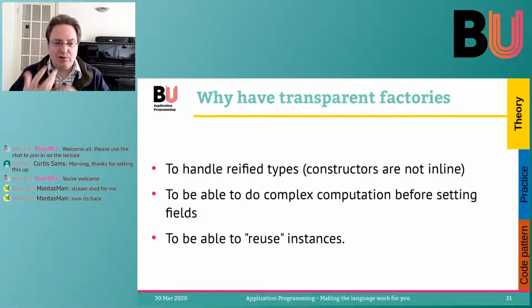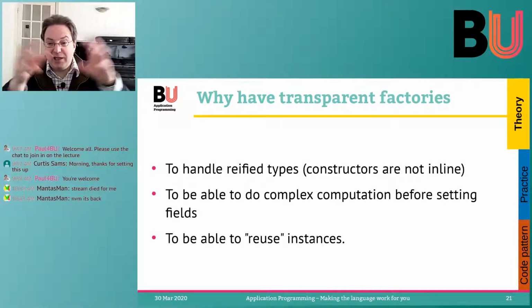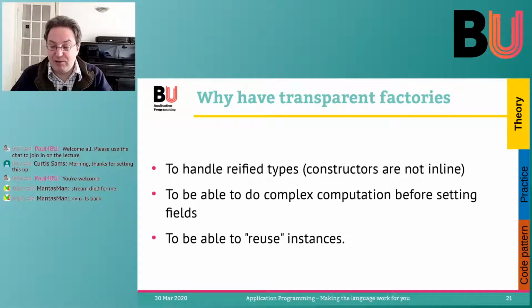So if you want to get these field values, you might want to have a way of creating an instance of that thing that does a calculation and then actually creates the thing, but does so transparently so that your users don't need to care. And that is what these transparent factories do.